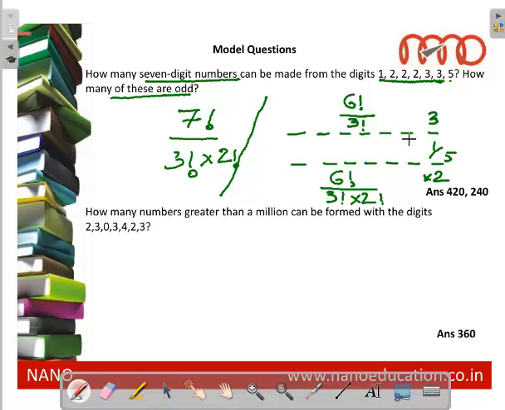This is the difference between the previous assumption and this one: dividing by 2 factorial will be extra. So 6 factorial by 3 factorial is 120, plus 6 factorial by 3 factorial into 2 factorial is 60. So 180 cases here.